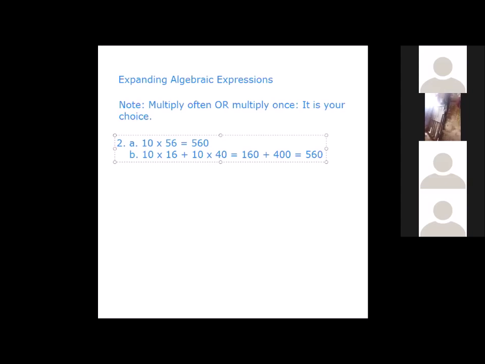Okay. Let us derive a conclusion from our 10 times 56, which is 560, and then the other format, 10 times 16 plus 10 times 40. Why do you think it gives us the same answer, 560, with 10 times 56?